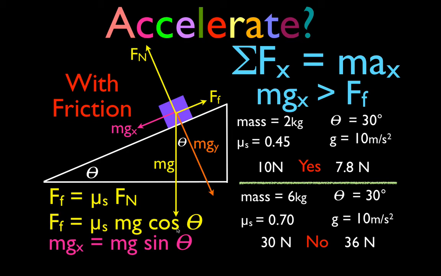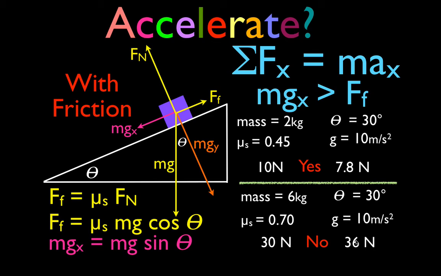Okay, I just want to point out we use the coefficient of static friction, which is greater than the coefficient of kinetic friction. In order to get the object moving, the force would have to be greater than 36 newtons. In this case, if the force down the plane is 30 newtons, then the friction force is going to be equal and opposite.